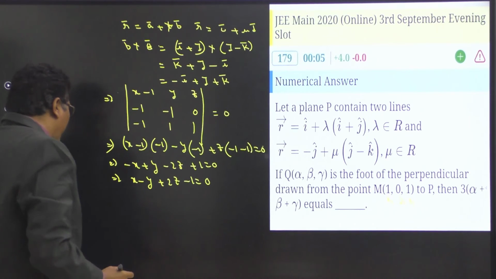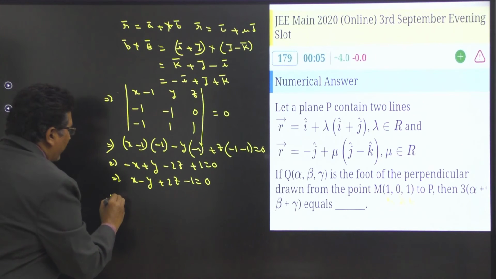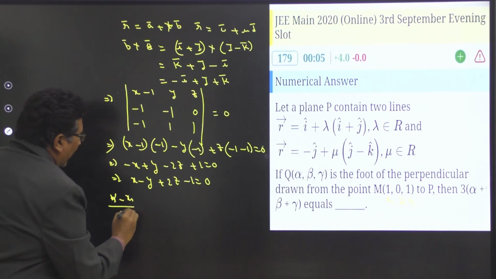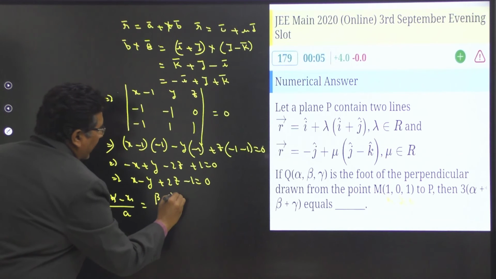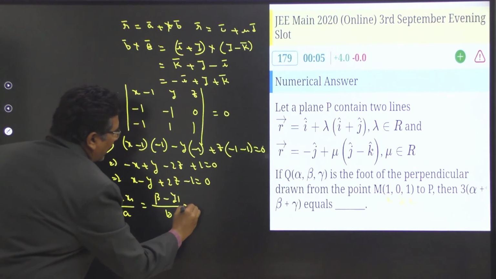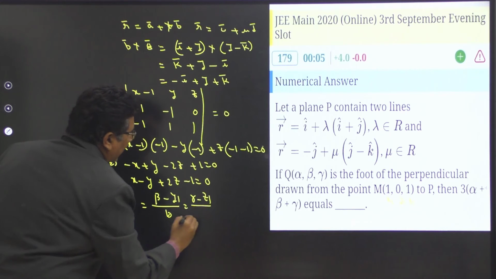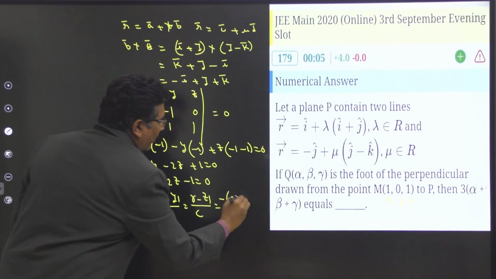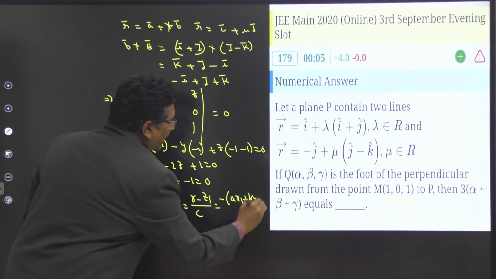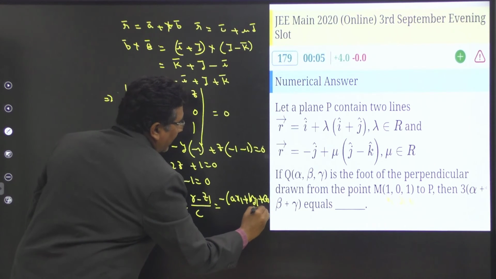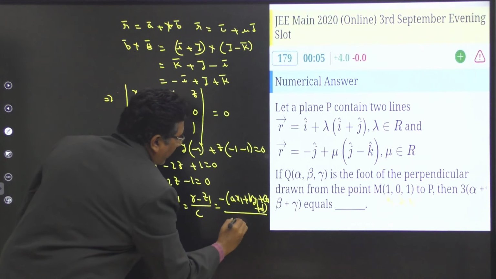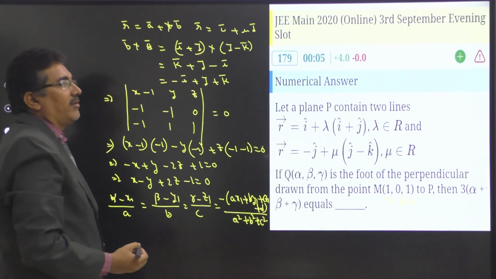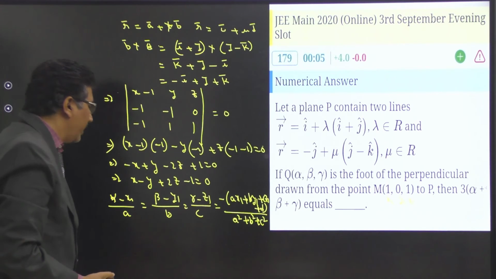The formula for the foot of the perpendicular is (alpha minus x1) divided by a is equal to (beta minus y1) divided by b is equal to (gamma minus z1) divided by c is equal to minus of (a x1 plus b y1 plus c z1 plus d) divided by a square plus b square plus c square.